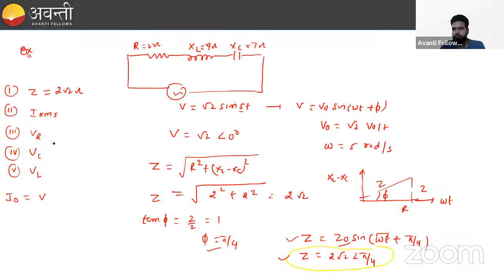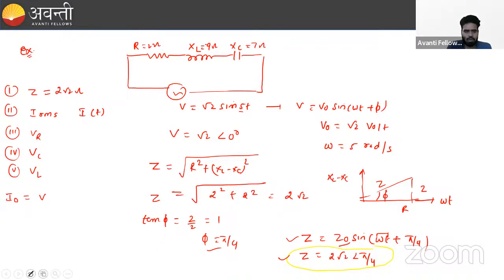I also want to calculate I as a function of time. IRMS we can easily calculate because we know the magnitude of Z and the peak voltage, so we can directly calculate. But if you are interested in I as a function of t, the instantaneous current, how can we calculate it?